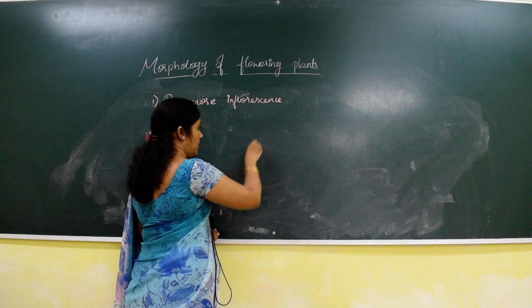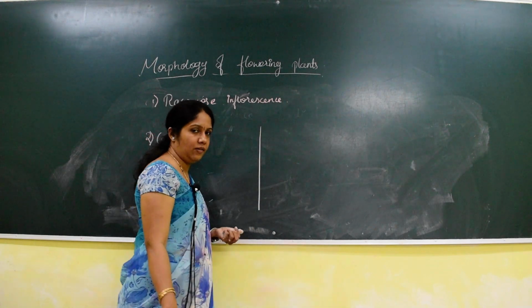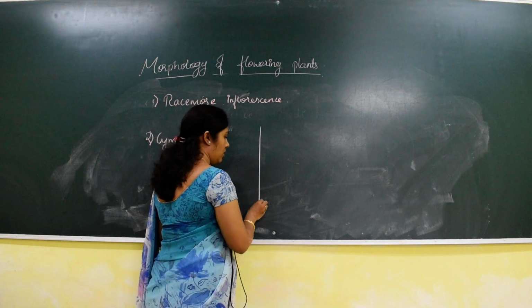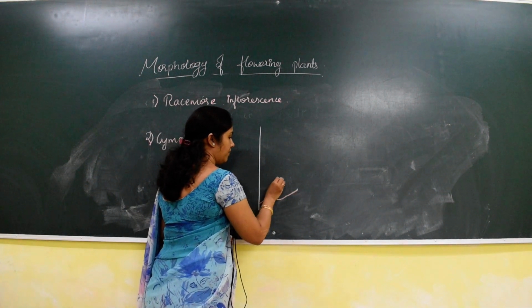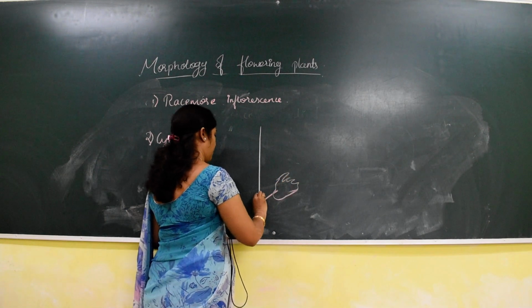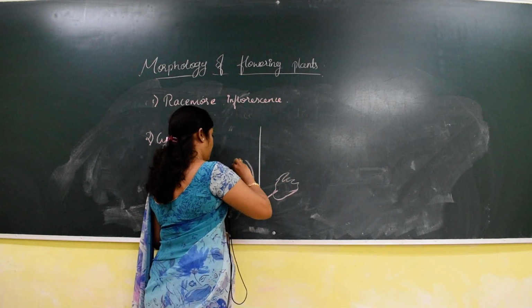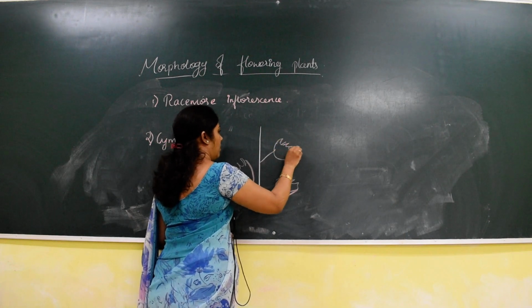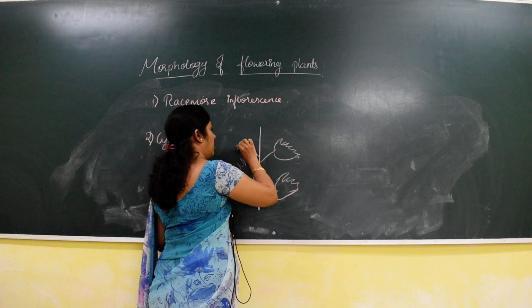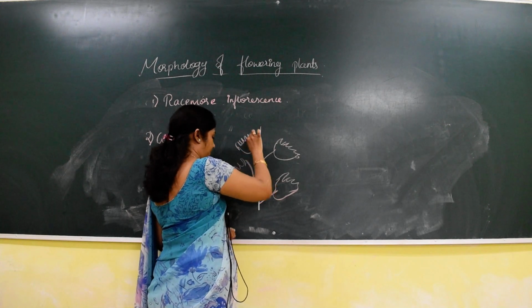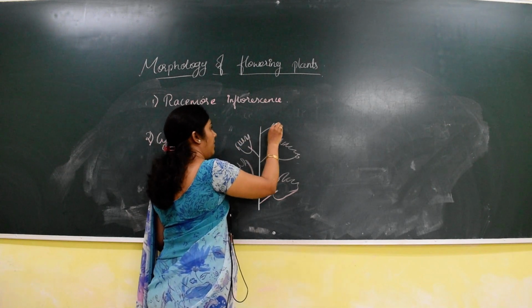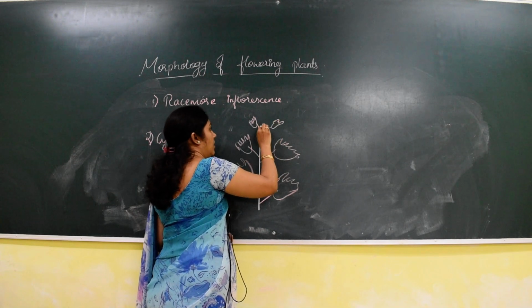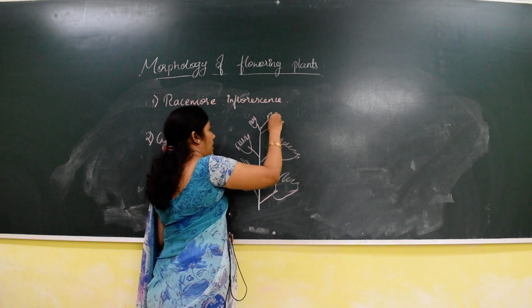Now let us consider this is a racemose type of inflorescence, where the older flowers are at the base and the younger flowers are at the tip.